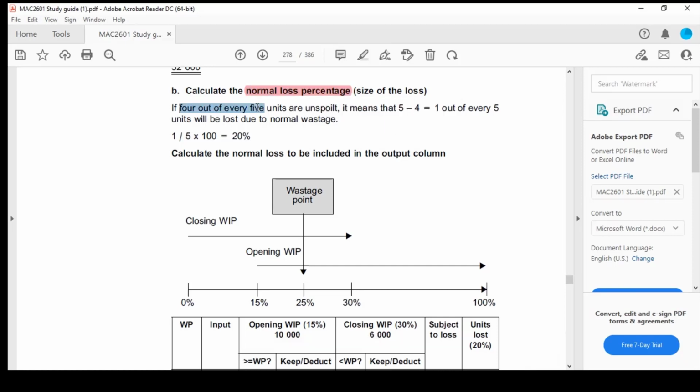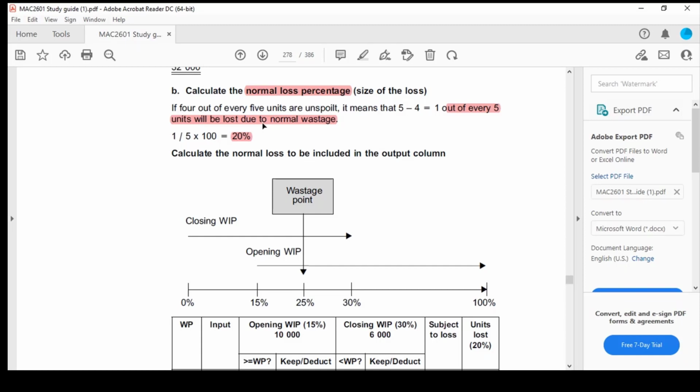If 4 out of every 5 units are unspoiled, it means that 5 minus 4 is 1. 1 out of every 5 units will be lost due to normal wastage. Therefore, 1 over 5 multiplied by 100 is 20%. Any questions on that? That is spoiled units, right? 20% spoiled units.